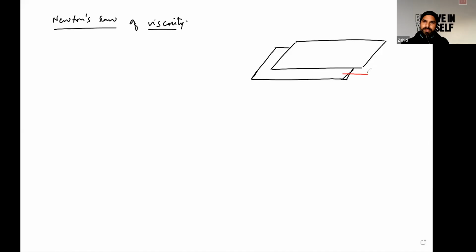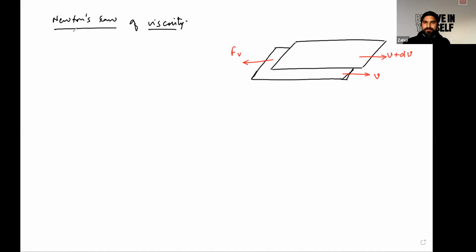So let's say this particular layer is moving at some velocity v. This may move with some velocity v plus dv. So this upper layer will apply some opposing force to its neighboring layer along this direction, which is called viscous force.